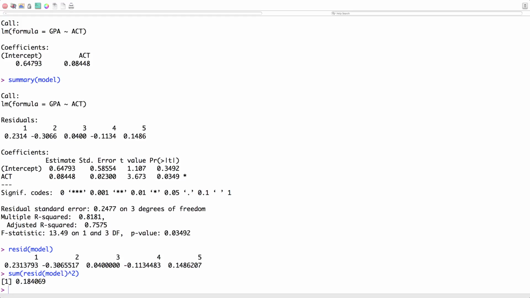The next thing we want to do is calculate the sum of x sub i minus x bar squared. What I need to do here is sum up my x sub i's, which I called ACT, minus the mean of ACT, and square them.